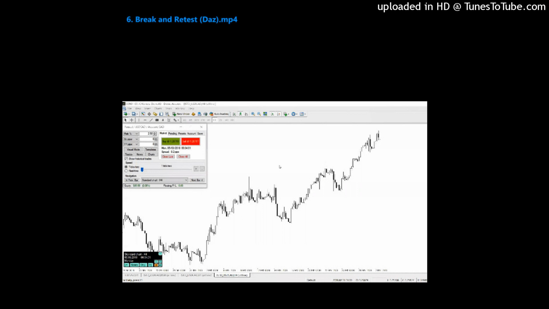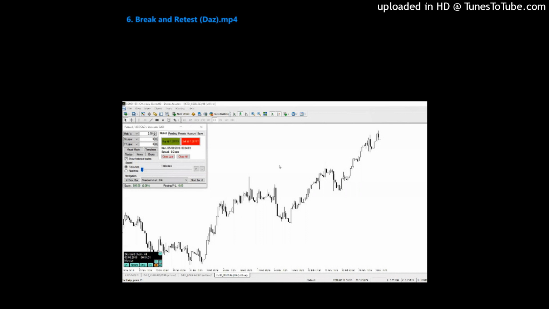Waiting for a pullback now. Could that have been a pullback on the lower time frames? Maybe. Yes, it could have, but it's very aggressive.